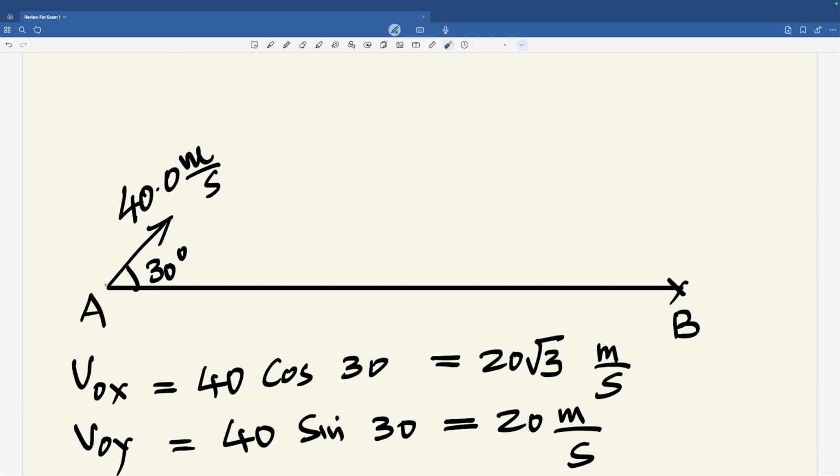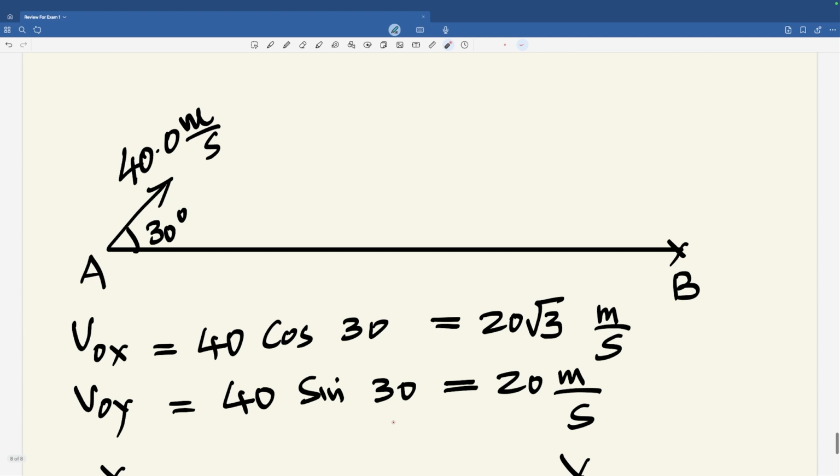That's because when you set up that triangle here, this side becomes the adjacent side and cosine is adjacent by hypotenuse. Similarly, this side will become the opposite side of the angle, and that's how sine is defined. So you get 40 sine 30, which is 20 meters per second. So anyway, first you have to break up the velocity into its x and y components.